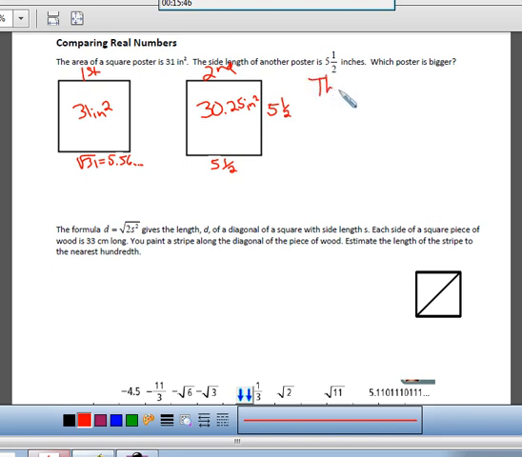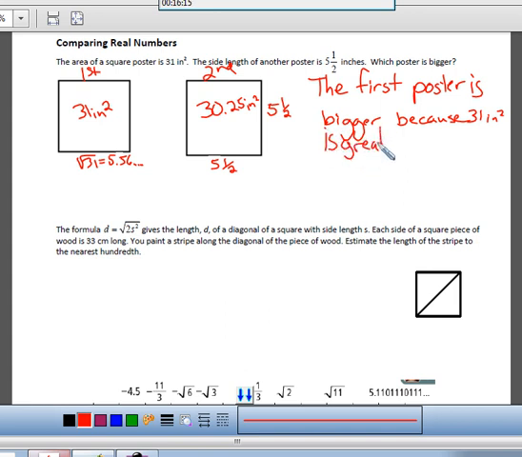The first poster is bigger because 31 inches squared is greater than 30.25 inches squared.